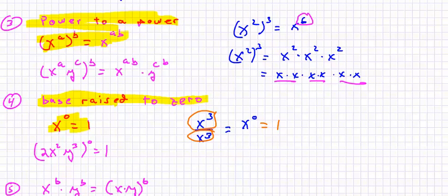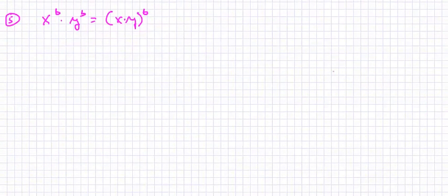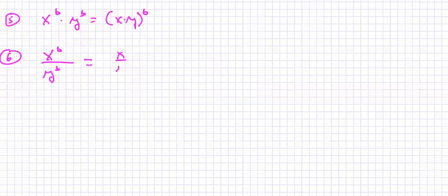So this rule here is pretty much just in reverse. This would be x to the b times y to the b. It's just in reverse. Likewise, if I had x to the b over y to the b, that would equal x over y to the b power.